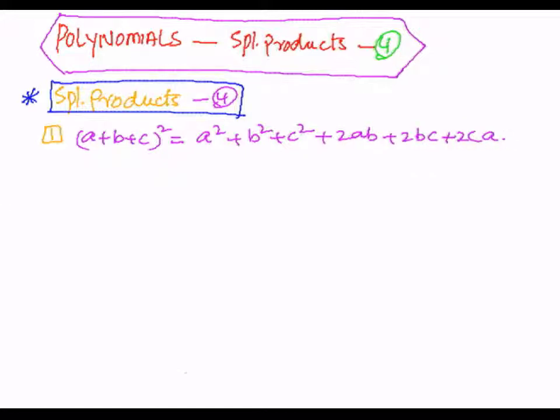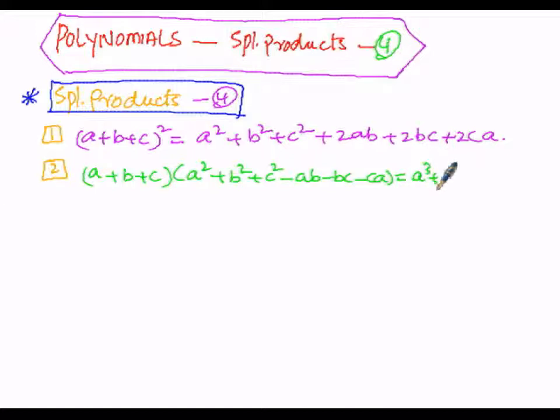Whereas the second one under the group 4 special products is (a plus b plus c) into (a square plus b square plus c square minus ab minus bc minus ca) equals a cube plus b cube plus c cube minus 3abc.